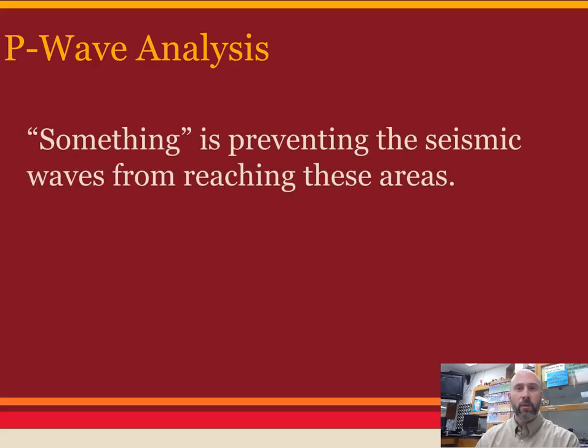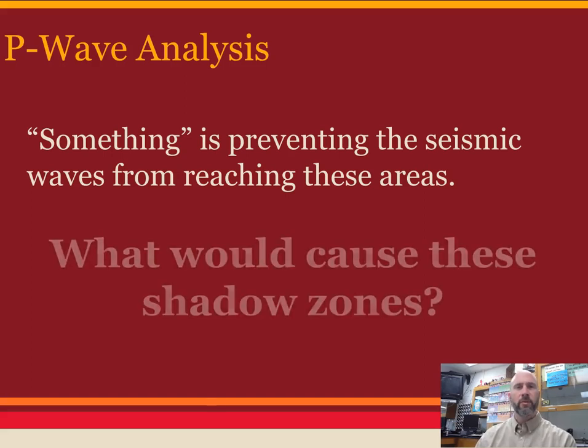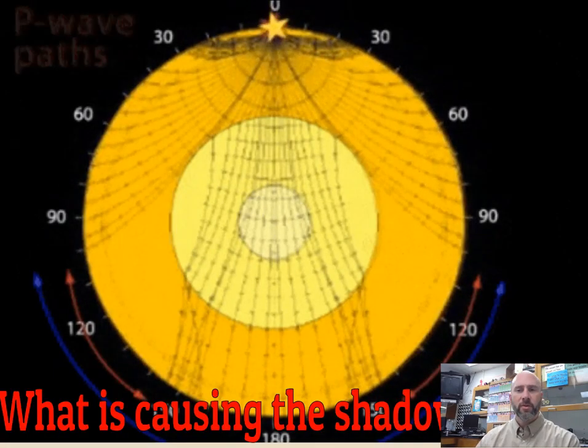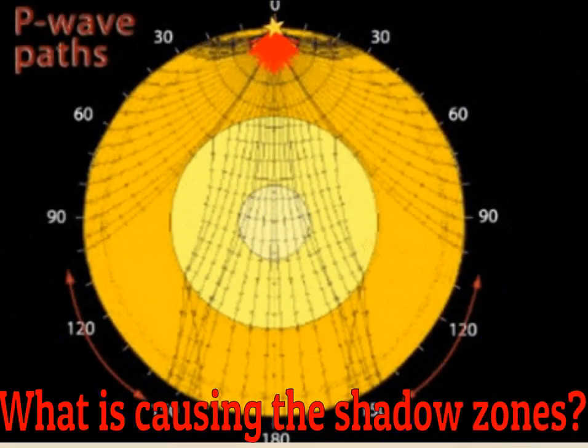From that, we could say something is preventing those seismic waves from reaching those areas, which leads to the question of what would cause these shadow zones. Look at this again and see if you can figure out why.